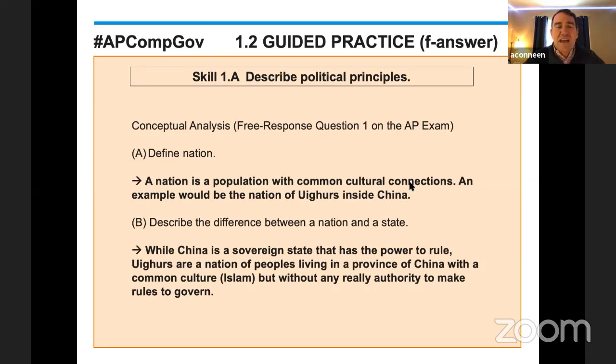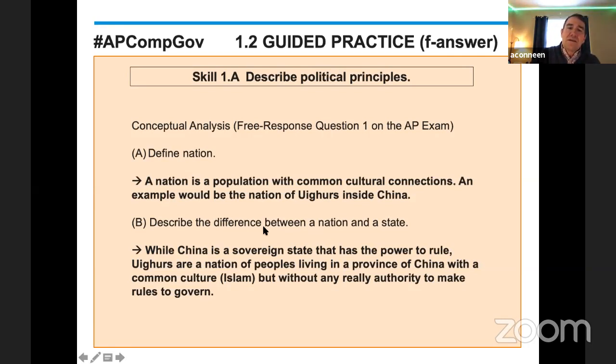In conceptual analysis, FRQ number 1, you do not need to have an actual country-specific example from any one of the AP 6 countries. You could use a hypothetical. You could say country A and use a hypothetical example to articulate an example of a concept. But if you know an example from one of our core countries, I would invite you to use that. In this case, an example of a nation would be the Uyghurs inside China.